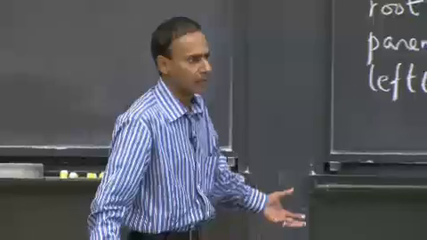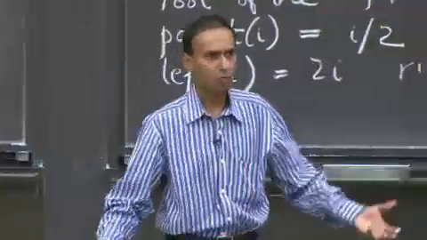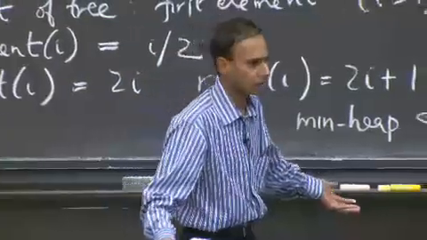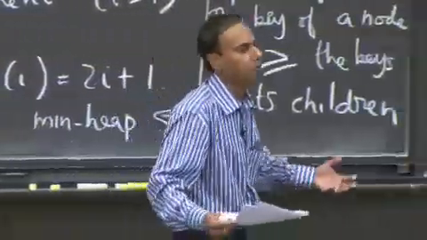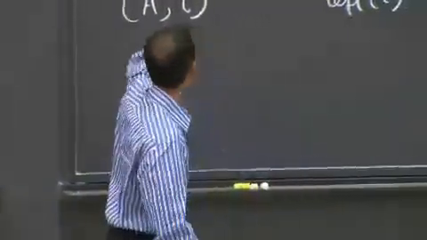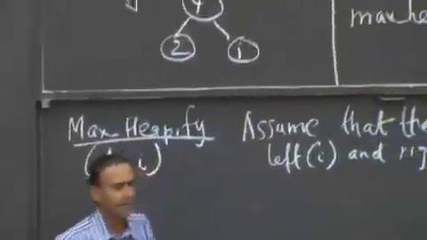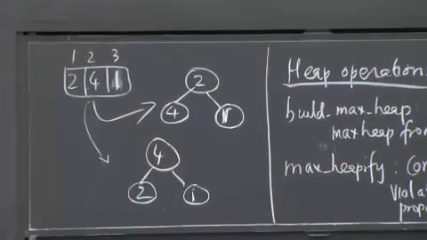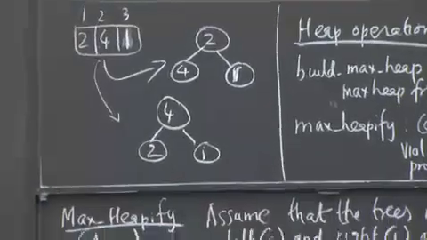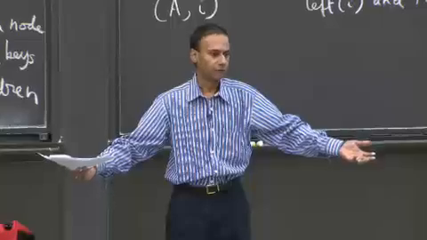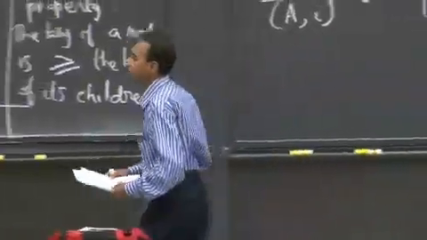And that's why this is going to make sense, right? This will all work out because leaves are, by definition, max heaps, because you don't have to check anything, right? When you put two leaves together and you want to create a heap like that, then you run max heapify. And then when you have a couple of different max heaps and you want to put them together to make a bigger max heap, you'd have to run max heapify, right? So that's the way it's going to work.